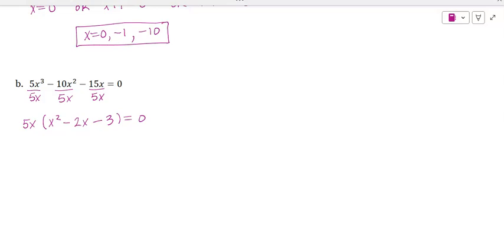All right, I want 2 numbers that will multiply to give me a -3. So one has to be positive and one has to be negative. I only have one option here. It's 1 times 3. I want my final result to be -2. So I think if I do a +1 and a -3, that'll get me a -2 for that middle term.